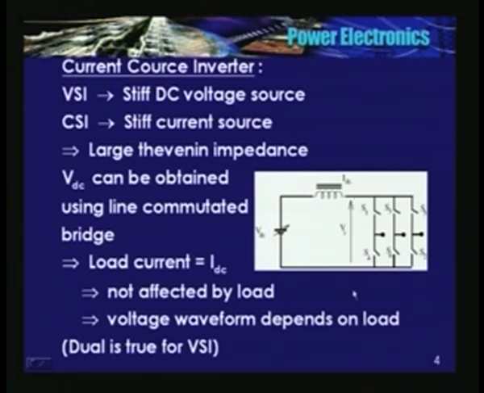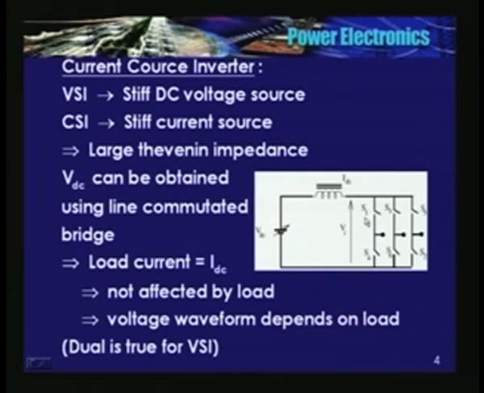If the polarity of VI reverses, we need to have switches which are capable of blocking the reverse voltage. Remember, I will repeat, the switches here should be capable of blocking a negative voltage.